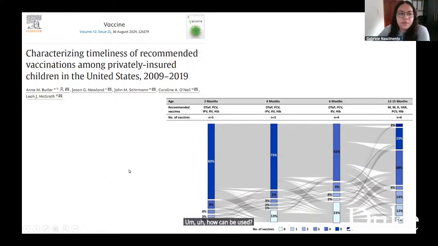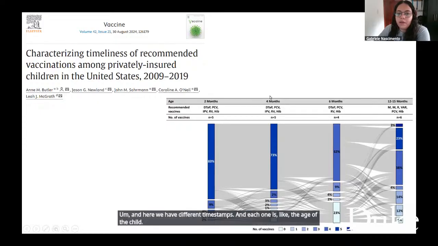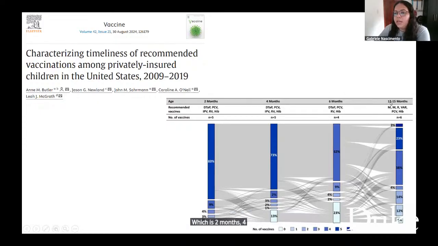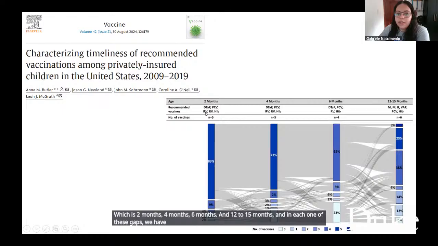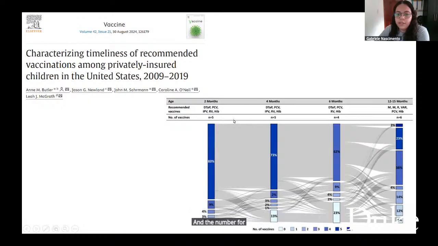This one is for vaccination in children. Here we have different timestamps, and each one is the age of the child, which is 2 months, 4 months, 6 months, and 12 to 15 months. In each one of these gaps, we have different recommended vaccines and the number for each age.